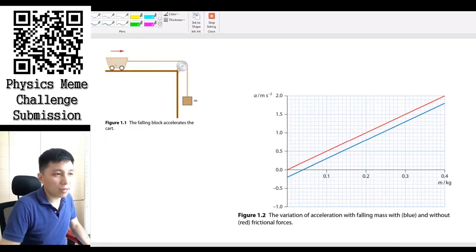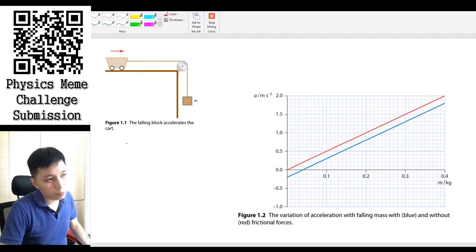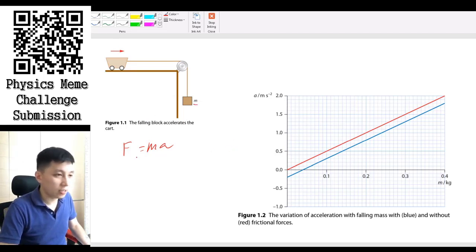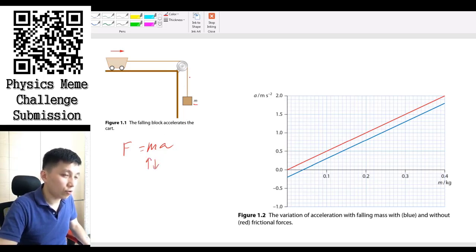Here, imagine a student did an experiment to hopefully test and verify the equation F equals ma. Here you can see there's a car with a string connected to a block with mass m. What he or she did was change, so increase or decrease, the mass, which will also affect the tension pulling the car, because there's a weight here.